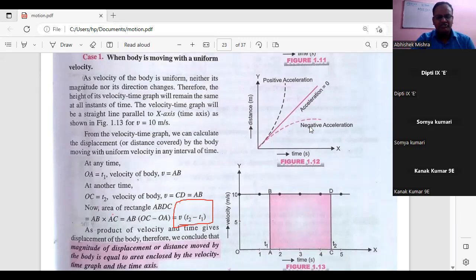The magnitude of the displacement moved by the body is equal to the area enclosed by the velocity time graph and the time axis. This is the total area of the rectangle ABCD, and when we find this total area, we can find the magnitude of the displacement. Should I repeat once again?